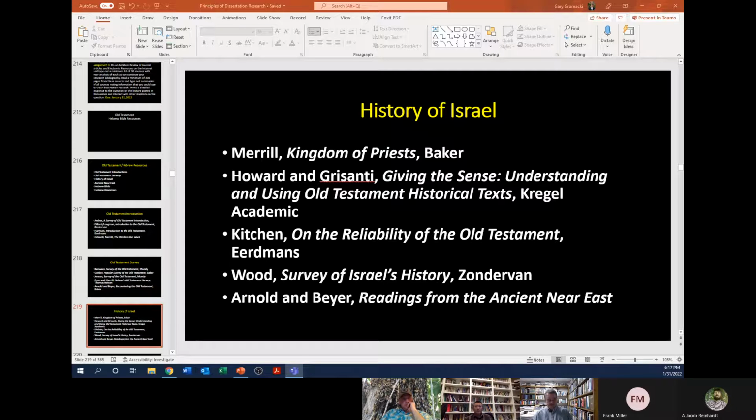One that I did not put on the list here, I'm going to add, is by Hoerth, Mattingly, and Yamauchi, Peoples of the Old Testament World. Talking about the various Gentile nations, for instance, part 1 on Mesopotamia, Walter Bodine, a chapter on the Sumerians.